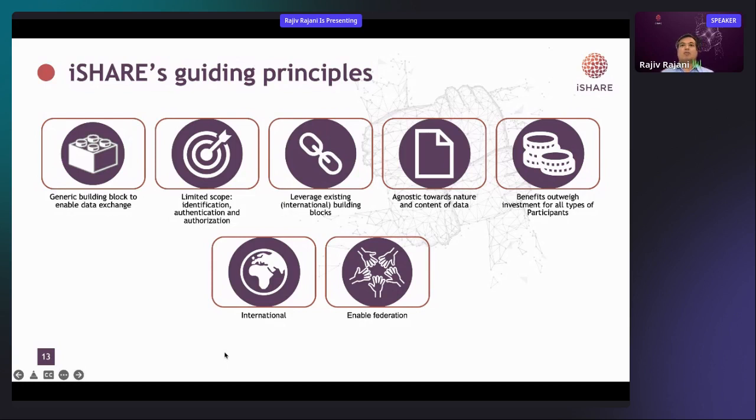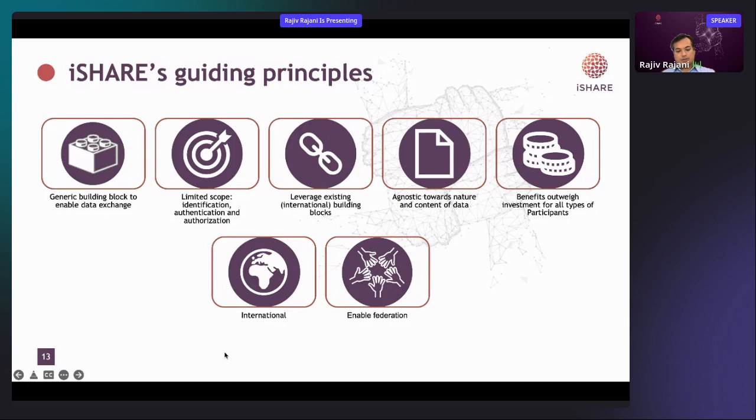But iShare has always been neutral in that sense, and it has made sure that irrespective of the size of the organization and the investment that particular organization makes, everyone is heard, and everyone's opinion is taken into consideration before designing any kind of solution or updating anything in the framework, right?